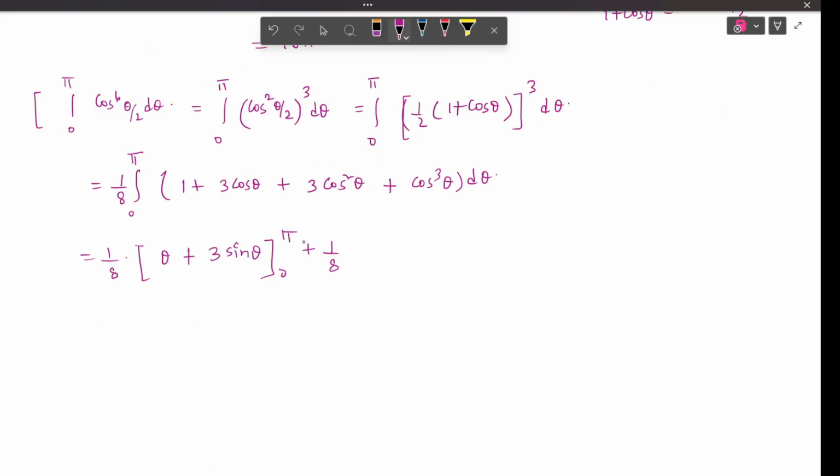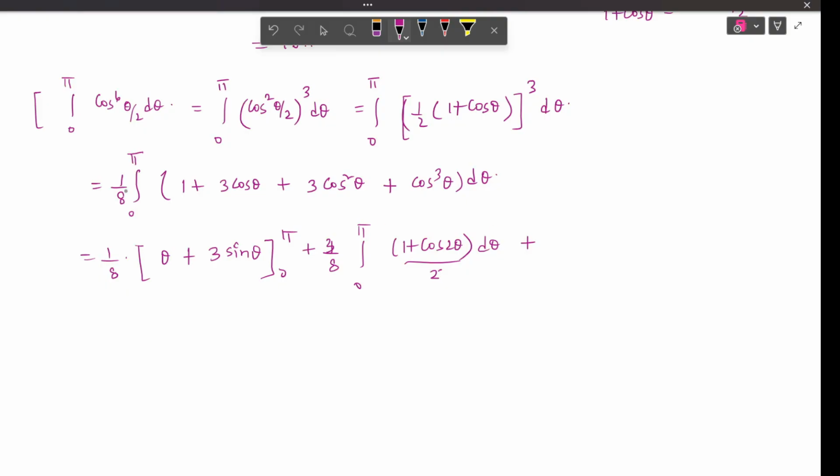So this is 1 by 8. You can say 3 by 8. And this is integration 0 to pi (1 plus cos 2 theta) by 2 d theta.